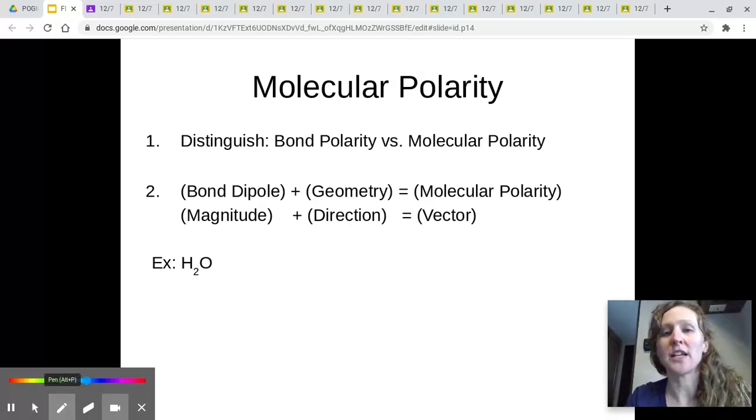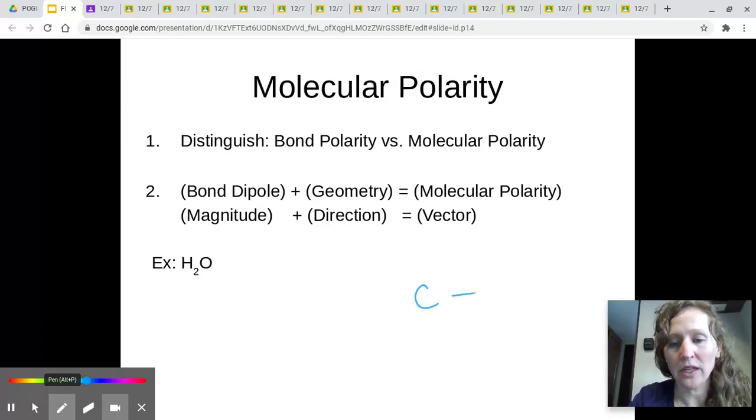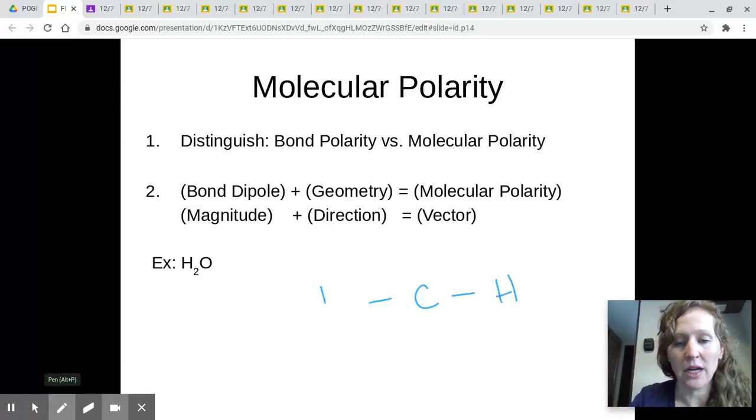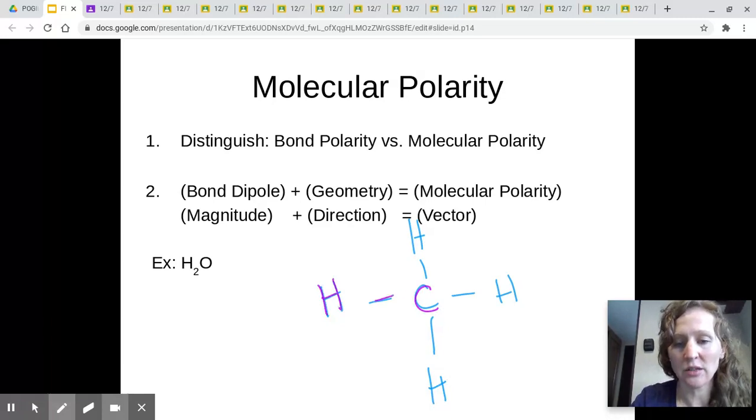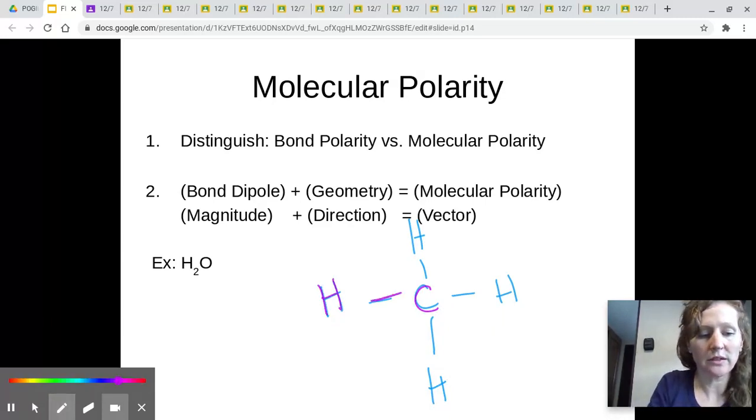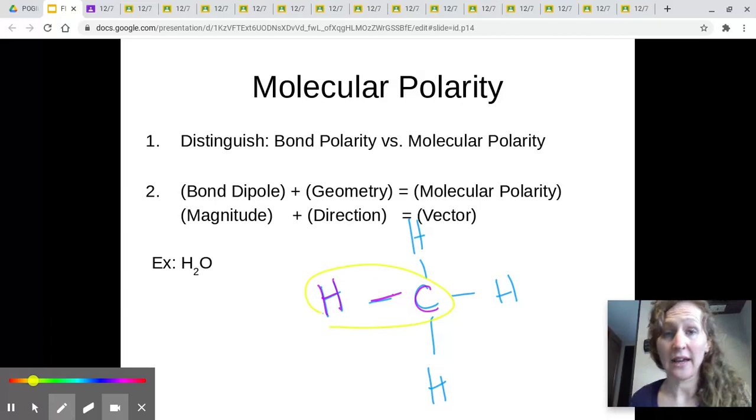Before, we have talked about bond polarity. So in a molecule like methane, bond polarity focuses on the attraction between two atoms, right?